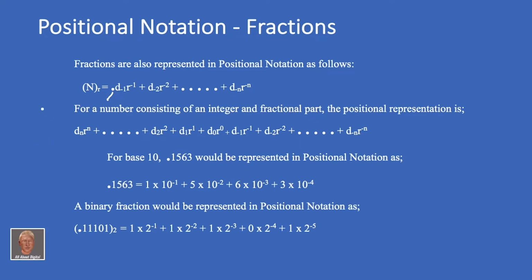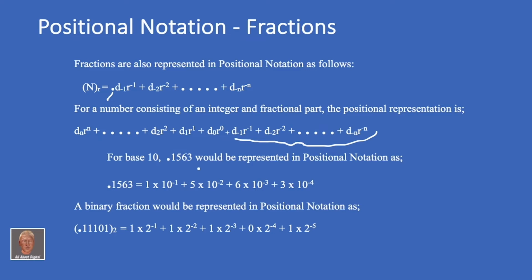So in positional notation, for a number consisting of an integer and fractional part, the positional representation would be the integer part first, which would be dn r to the n plus all the way down to d2 r2 plus d1 r1 plus d0 r0, which we know is equal to d0, plus, this is the fractional portion right here, d minus 1 r to the minus 1 all the way down to d minus n r to the minus n.